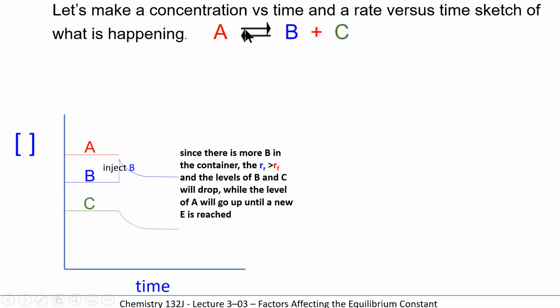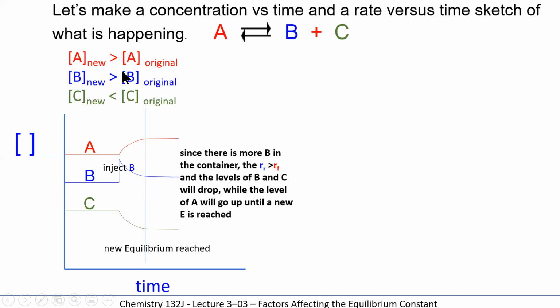Meanwhile, the quantity of A, because it's a 1-to-1-to-1 reaction, will go up by the same amount that B and C go down. The new equilibrium is reached whenever the concentrations in the container are no longer changing.